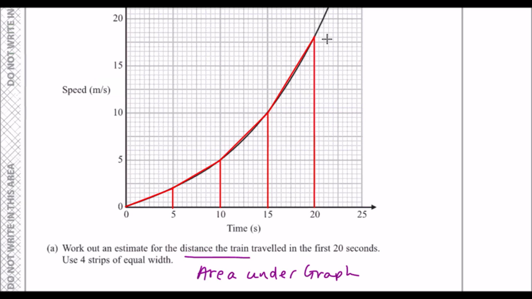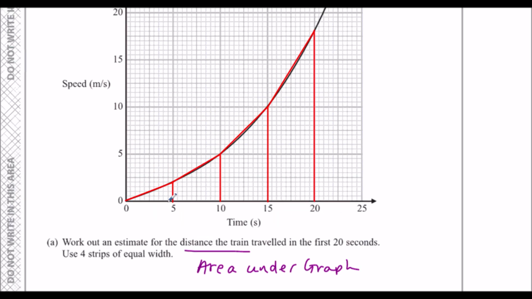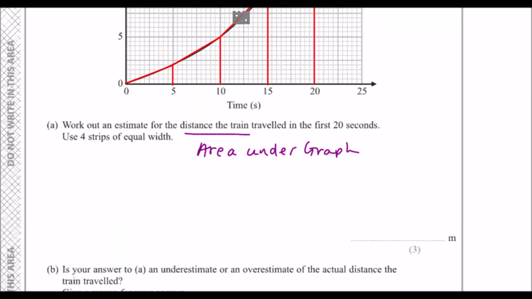It's not the actual area under the curve. It's close to it, but they are straight lines, not the curve. So we're going to work out the area of each of these strips and then add them together for the total area.